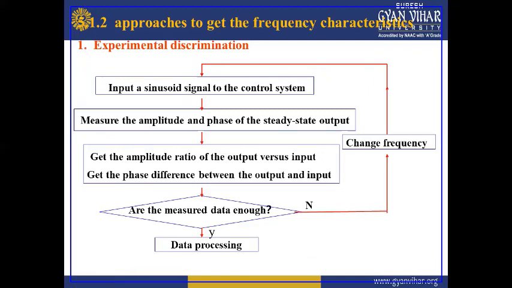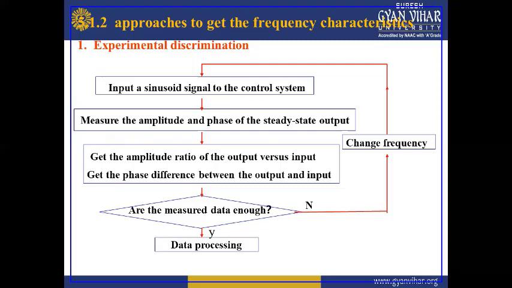Now, let's discuss the approaches to get the frequency characteristics. What are the approaches and how are we going to find it out? The very first is the experimental approach. Given that we have the inputs, we will give a sinusoidal signal to the control system block.